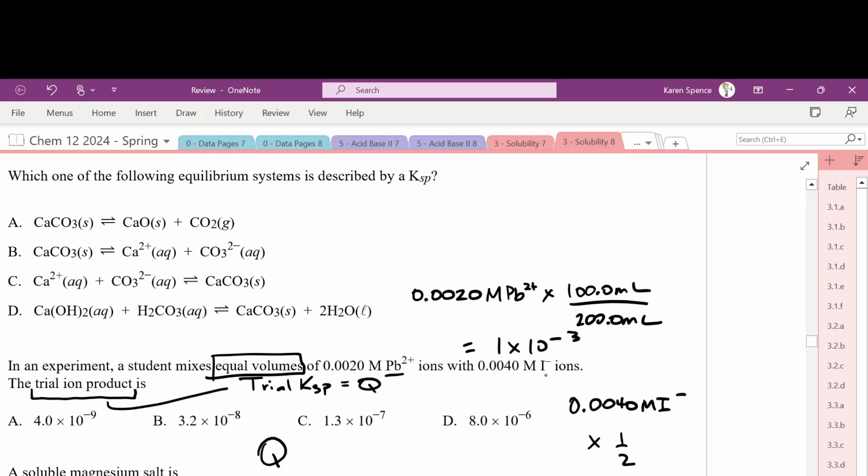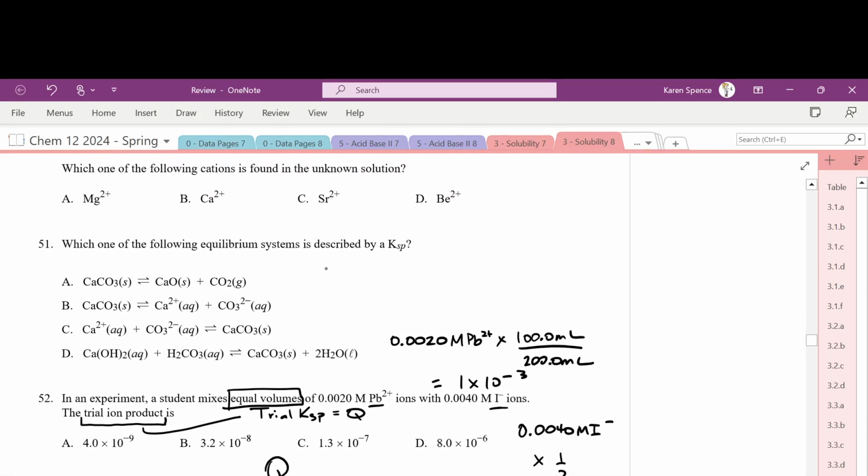Now we're dealing with Pb and I, so the compound itself is PbI2, right? Because we got 2 plus and 1 negative. And so it's Pb2+ and 2 I minus. So our Q would be lead times iodide squared.